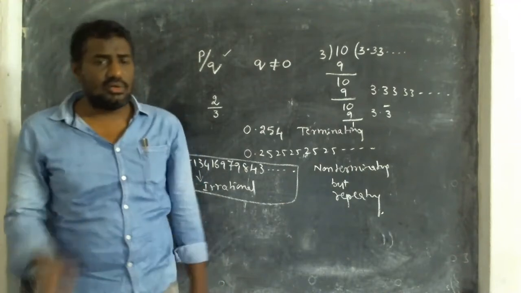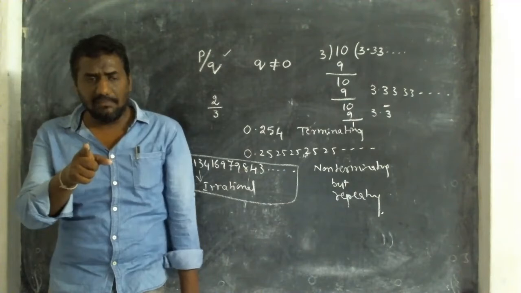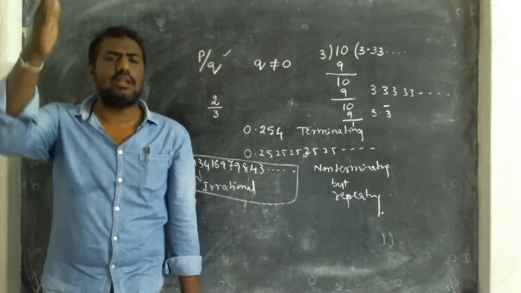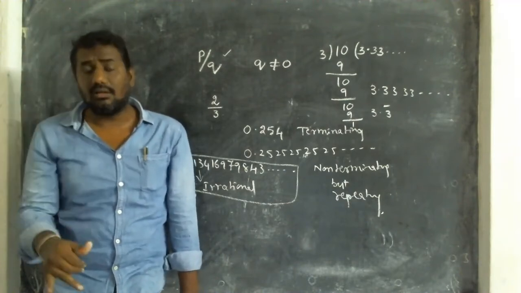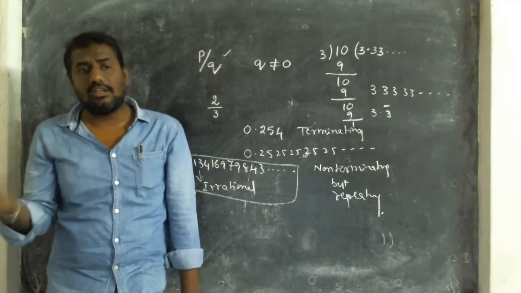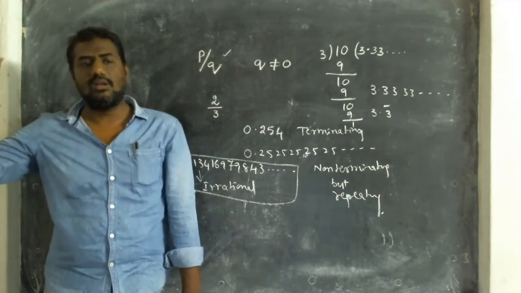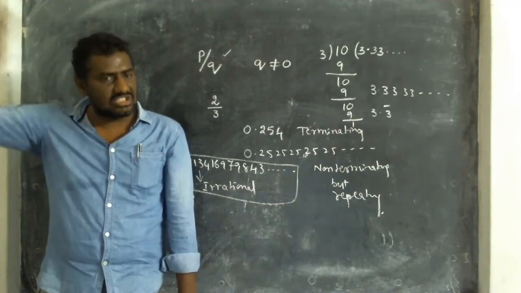Rational, what are the two types we have? Terminating means stopping: after a few digits after the decimal, the number stops. Another type is non-terminating: it won't stop, continuously moving, but the numbers are repeated. These two types we call rational.